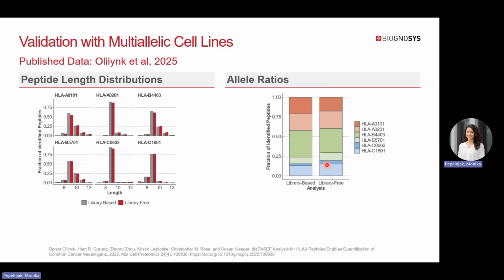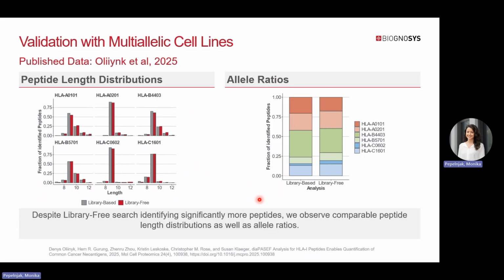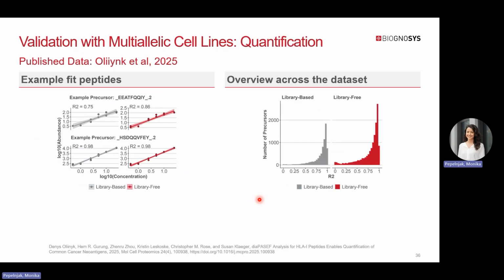So we observe very similar allele ratios, no matter whether we do a library-based or library-free search. This shows that we do not introduce any significant biases in terms of peptide lengths or in terms of alleles with our directDIA. So we can recapitulate the same biology again.